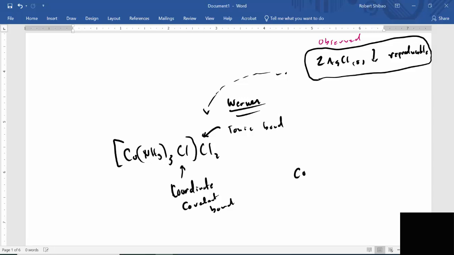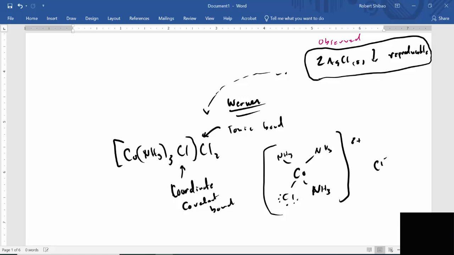And so if this is 4 coordinate, then we have a choice. The 4 coordinate could be square planar or it could be tetrahedral. That we usually determine. There are certain ways of determining it. So we got, let's see, one of these, we got 3 NH3s. And then we have these chlorides out here.